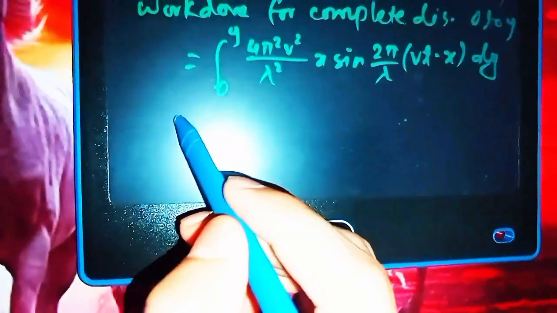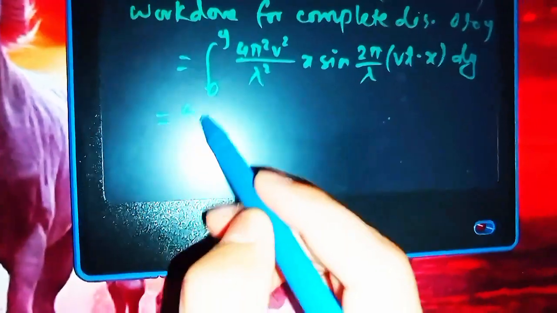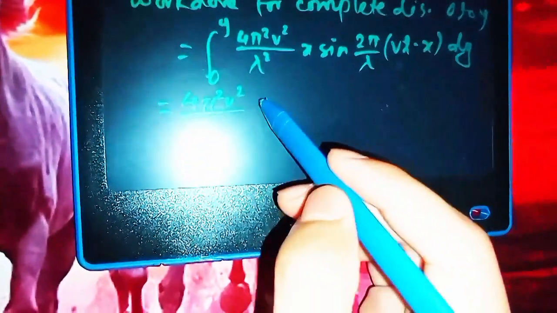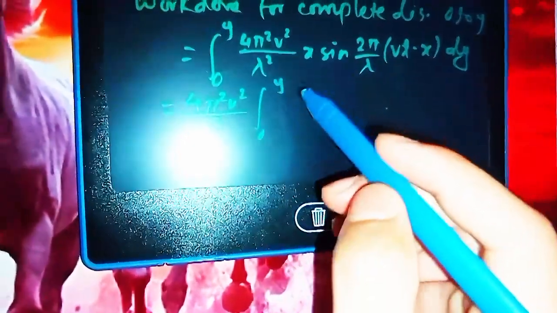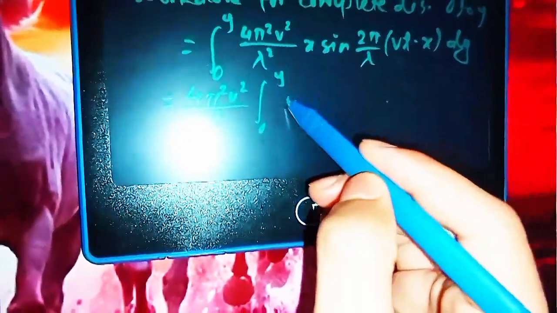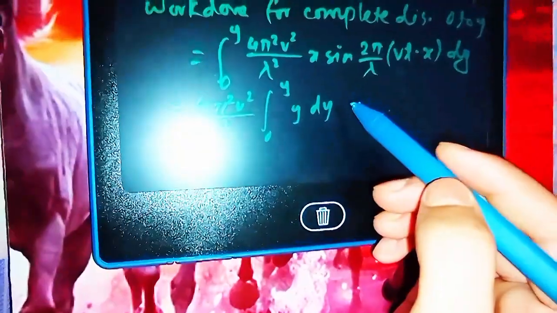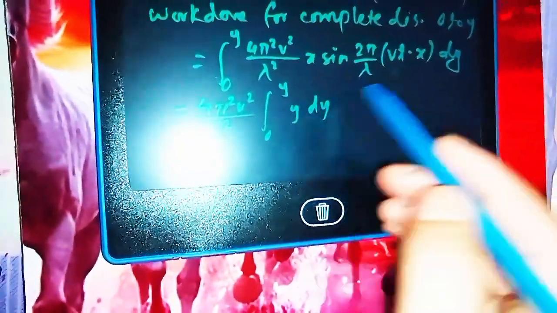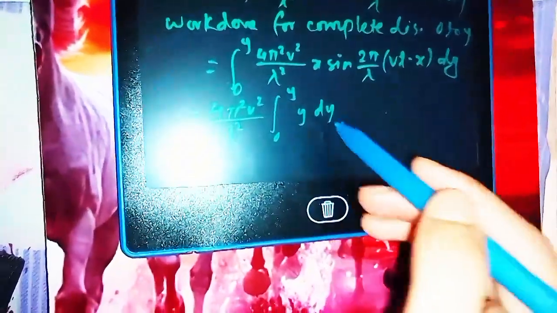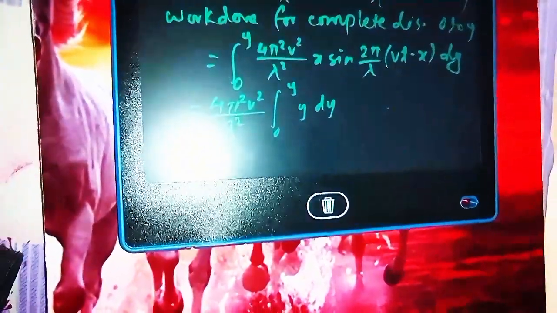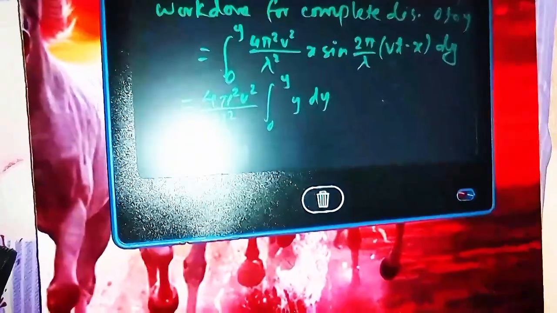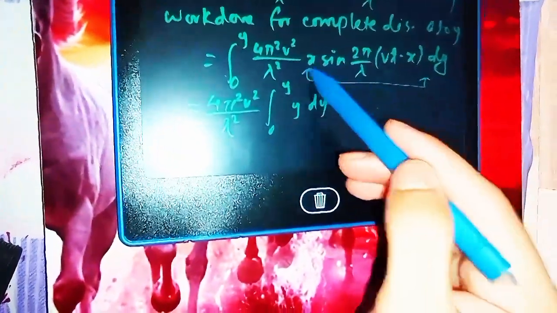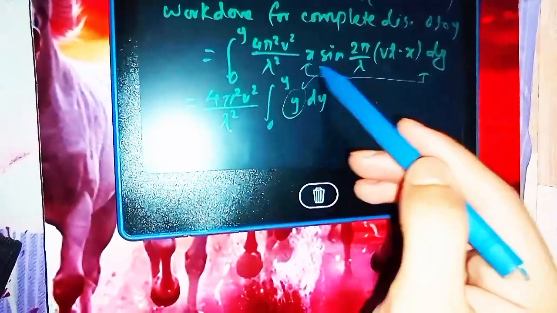When we integrate this, 4π² v² by λ² will come out, and the integration from 0 to y with respect to dy leaves only this. We know y is equal to a sin(2π/λ)(vt − x), so we replace this by y.